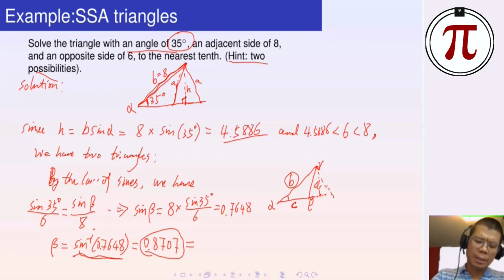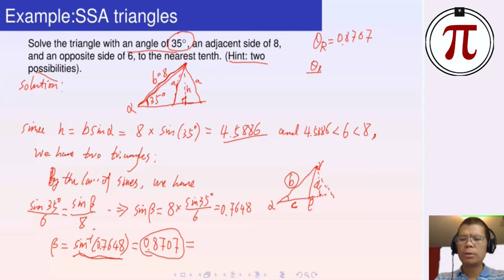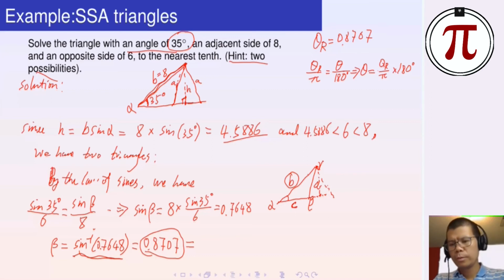The radian theta r is 0.8707. We want to find the theta. We know that theta r over pi equals theta over 180. Remember that? So theta equals, multiplying 180 on both sides, theta r over pi times 180 degrees. Does that make sense?